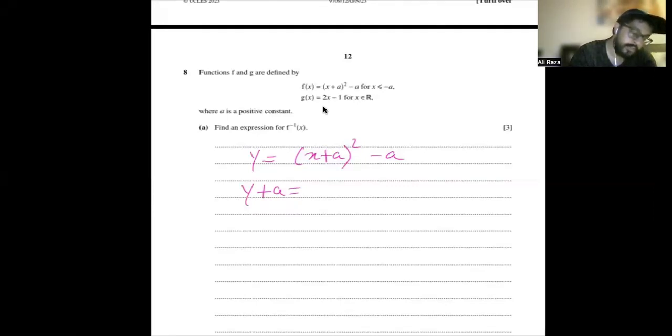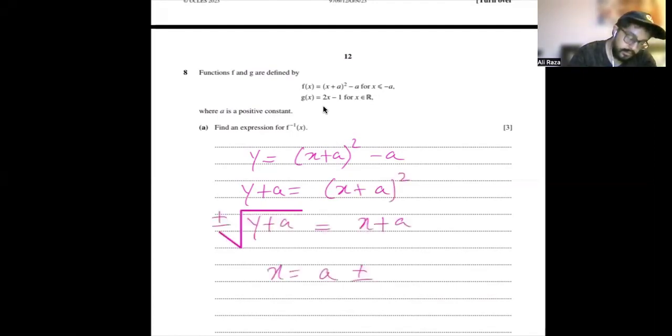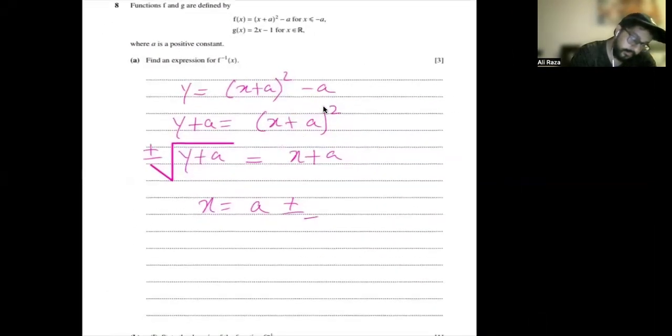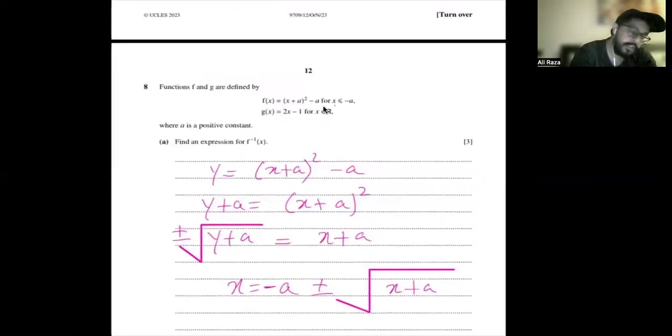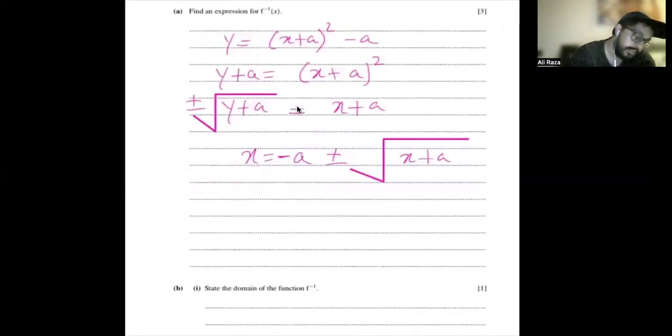Now x is equal to minus a plus minus root of x plus a, and since we have the domain as less than the turning point's x coordinate, we'll take the minus sign with this.